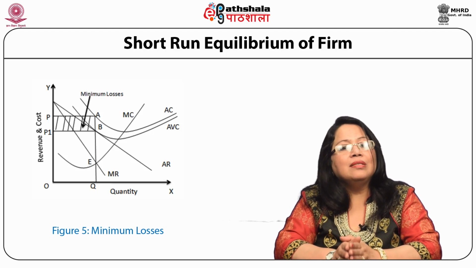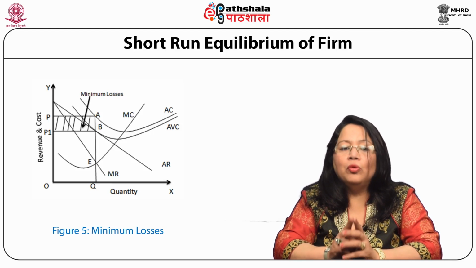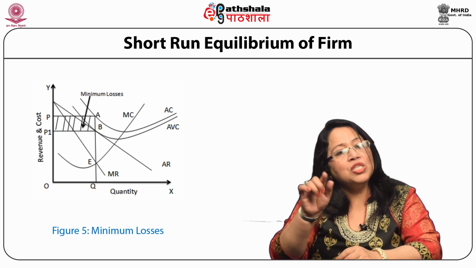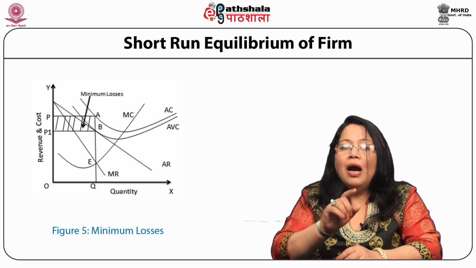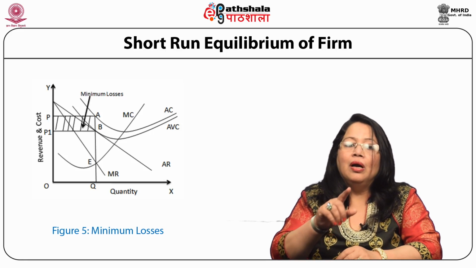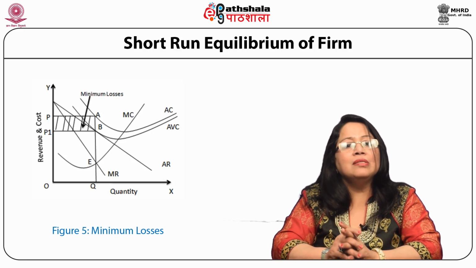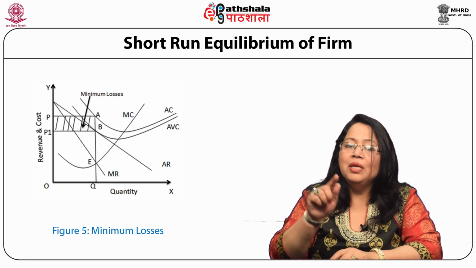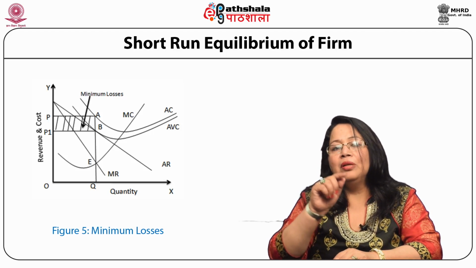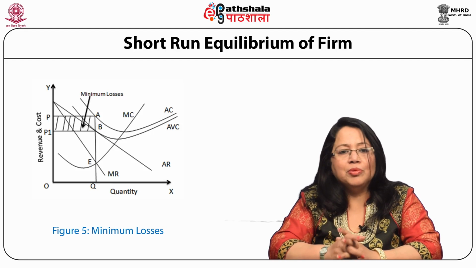Equilibrium of the firm is at point E. The firm is producing OQ level of output and OP1 price will be charged. Here, average cost is AQ and average revenue is BQ. Average cost is greater than the average revenue. The firm is incurring losses, that is PP1BA. But here the firm is covering average variable cost, that is BQ. So these losses are minimum losses.